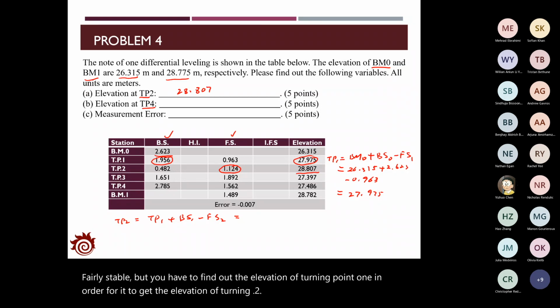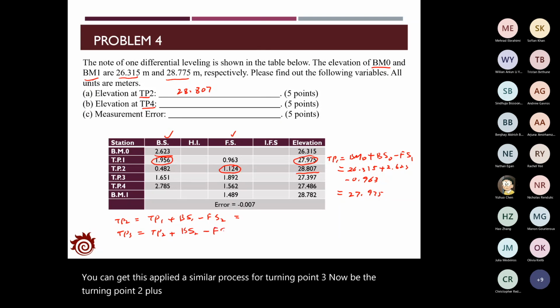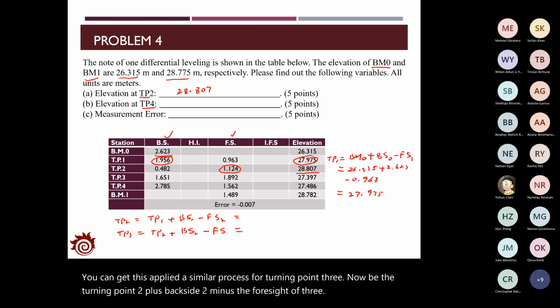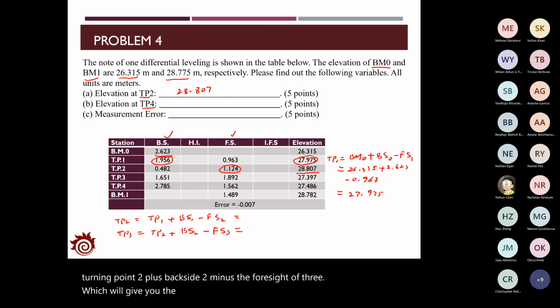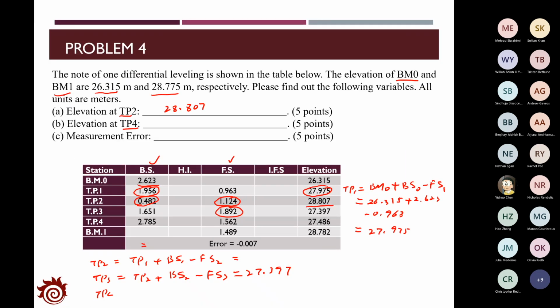You can apply the similar process for turning point 3. That will be the turning point 2 plus backsight 2 minus the foresight 3, which will give you the result as 27.397. This is a backsight 2, and this is a foresight 3. And for the turning point 4, the similar process will be applied.